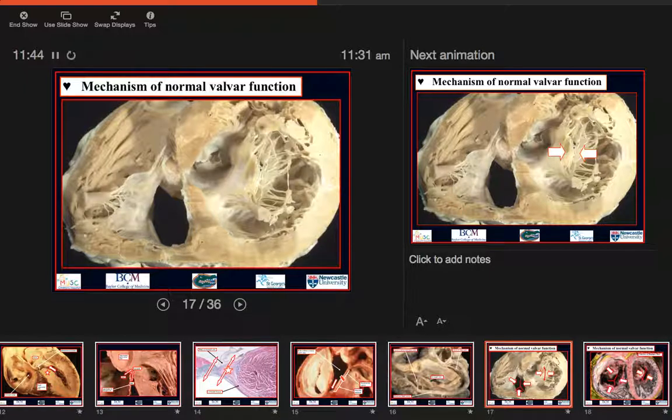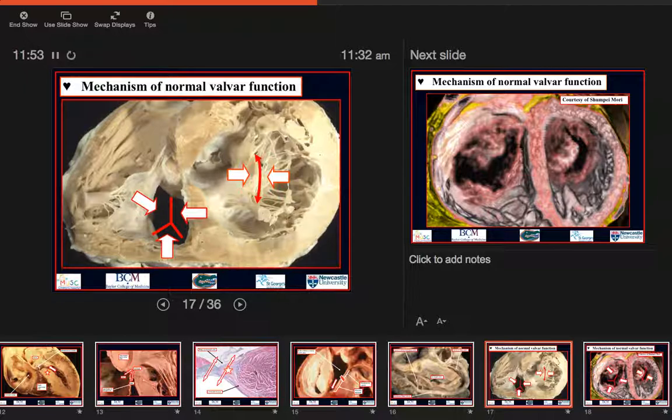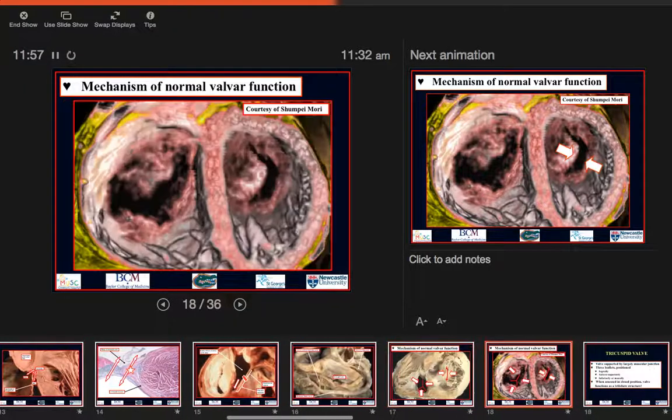So if we summarize the normal situation, the mitral valve closes over a solitary zone of apposition. The tricuspid valve closes in trifoliate fashion. Just to emphasize again, we can now see this using multi-detector computed tomography.